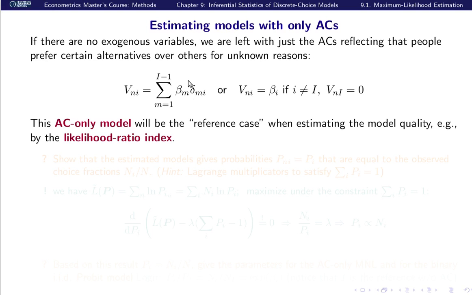It just takes into account the ad hoc preferences of the decision makers. You can write it in this form as a sum of delta functions. You can also write it in this form. That means the utility of alternative i is just beta_i, unless i is the last alternative, because then it's 0, because the last alternative uppercase I is the reference alternative. So these two expressions are equivalent.